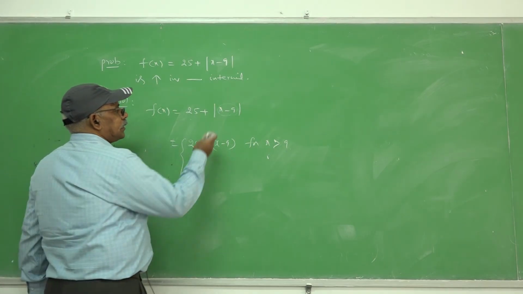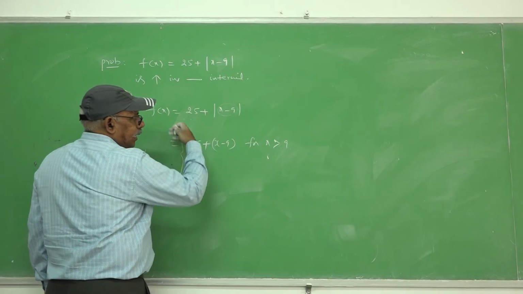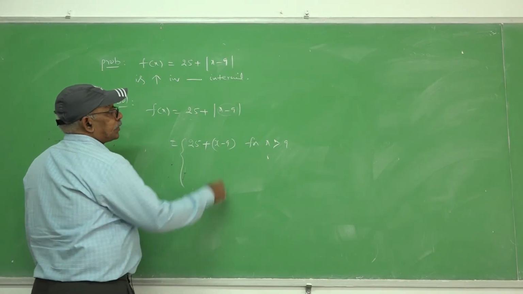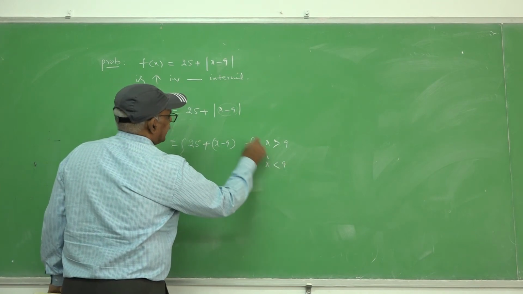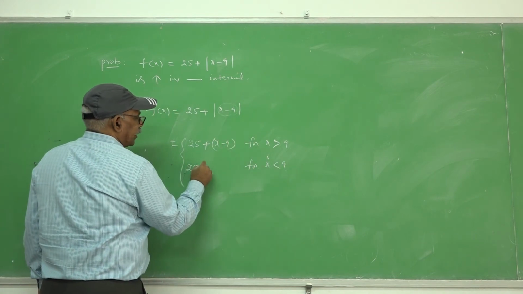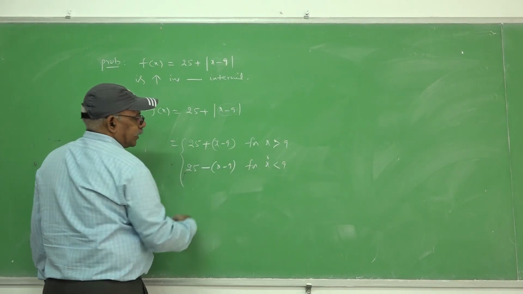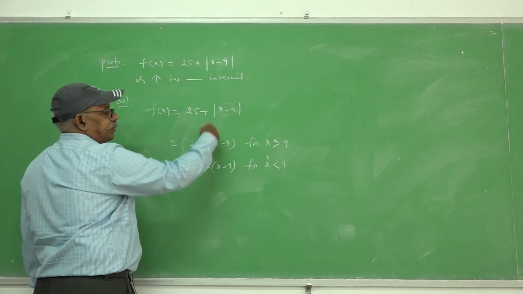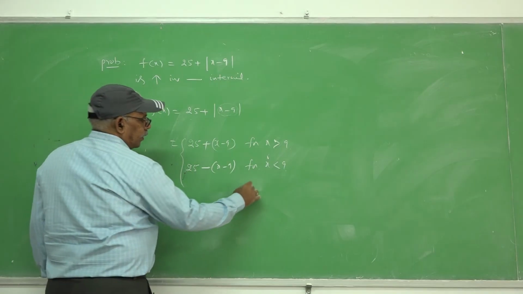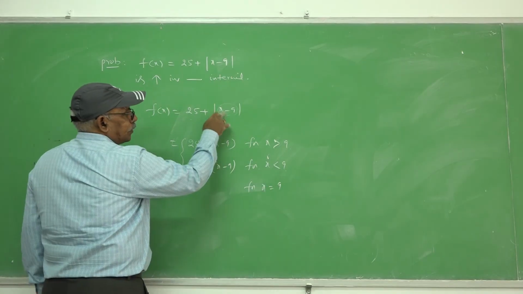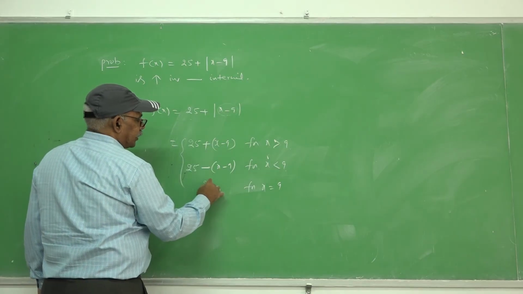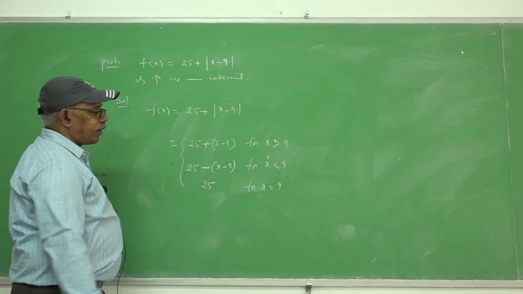Once x is less than 9, it is clearly negative. So for x less than 9, this is negative, hence we get minus of x minus 9. For x equal to 9 in particular, it vanishes, so f x takes a constant value 25.